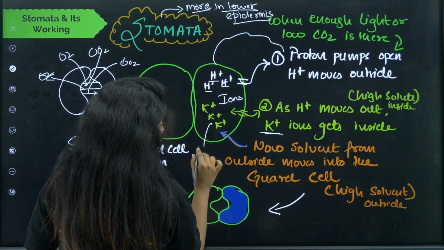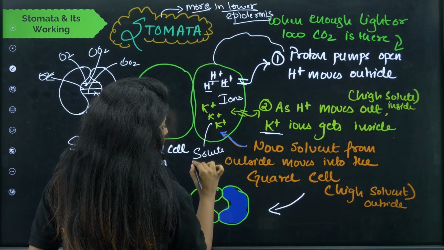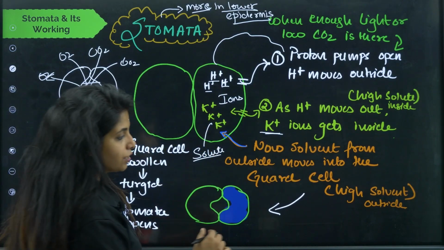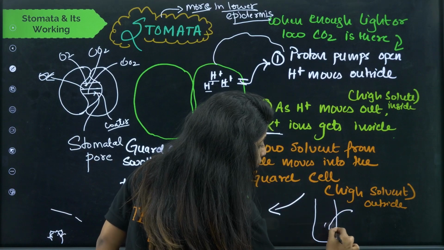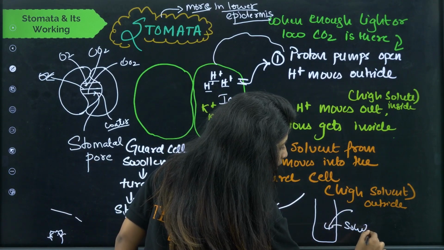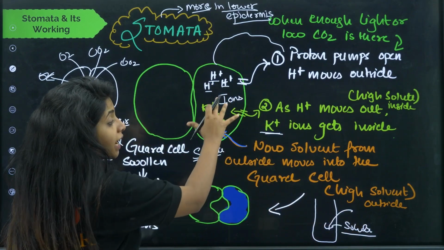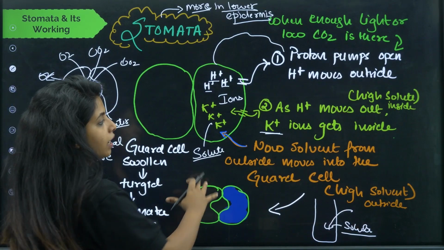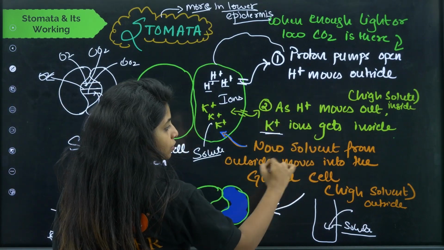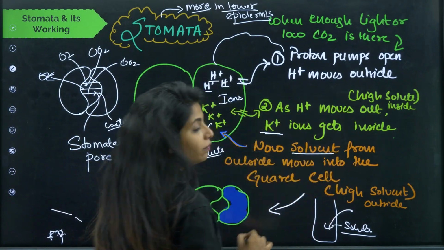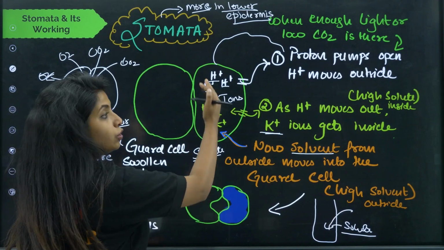So can I say that the solute is more? You remember solvent and solute? Water is the solvent. In water, if you put salt, that is the solute. Inside, the ions are in way too much amount, and outside, the ions are in less amount. So outside, what is more, children? Solvent is more. And inside, solute is more.